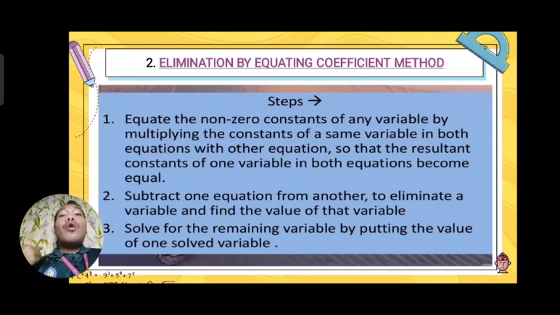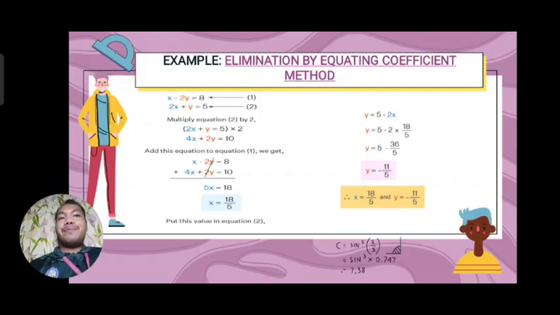To understand more, we will have an example. Elimination by equating coefficient method. First, we have the first equation, x minus 2y is equal to 8. That's our first equation. 2x plus y is equal to 5.